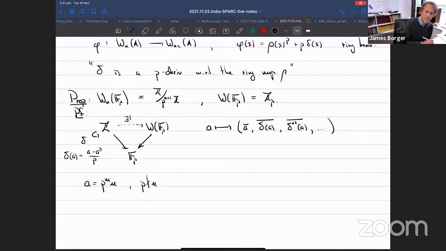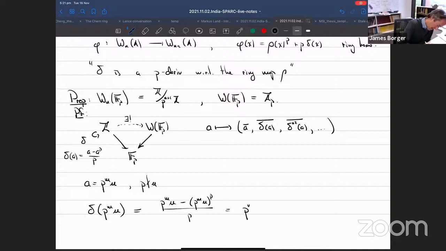And then the key point is, here's the key computation, delta of p^m u. What is this? Well, it's just this Fermat quotient, right? So it's (p^m u minus (p^m u)^p) divided by p. So this is p^(m-1) times u times (1 minus, what did I do?